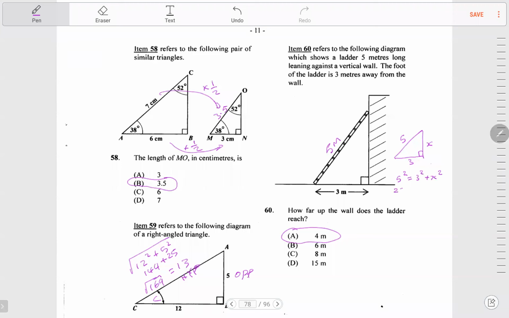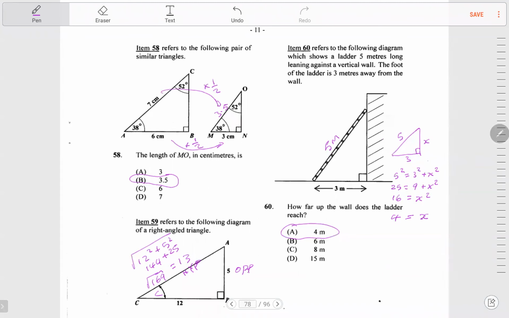That's 25 equals 9 plus x squared. Now 25 minus 9 is 16, equals x squared. And if x squared is 16, then x equals 4. So that's another way we could do it. But it's good if you just know the 3, 4, 5 Pythagorean triple. All right, that is that.